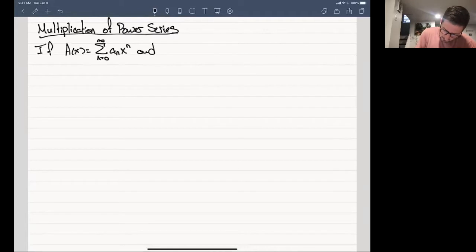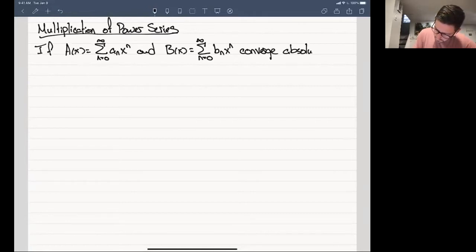And let's imagine we have another one, B of x, from n equals 0 to infinity of some sequence b_n x to the n. And let's assume they converge absolutely for x in some radius, so |x| less than some radius R.